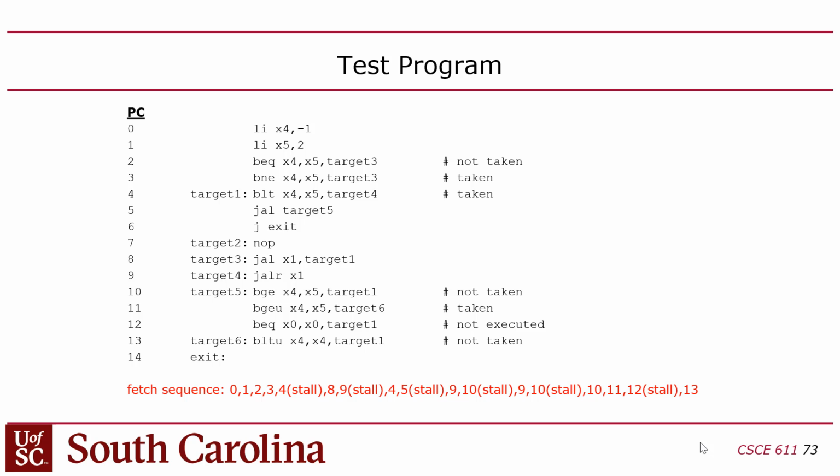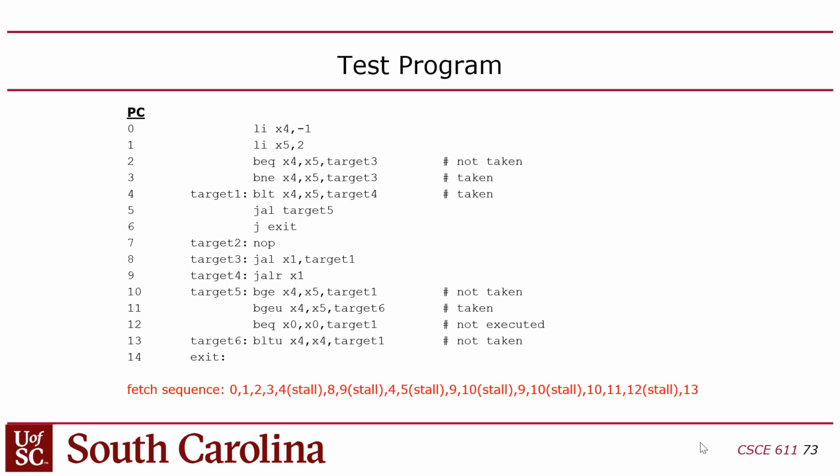Okay, now this is where things get a little weird. What's in X1? I never initialized X1. Well, X1 would have been a link address, right? From where? From 8. So when I executed this instruction at 8, because 8 wasn't a stall, right?